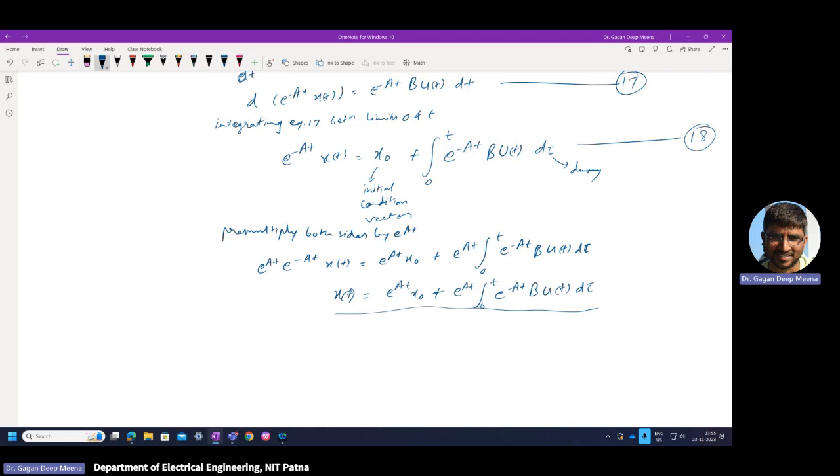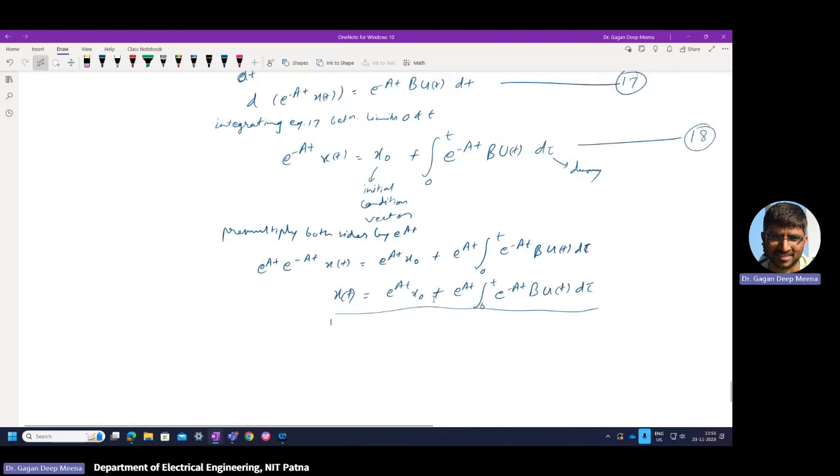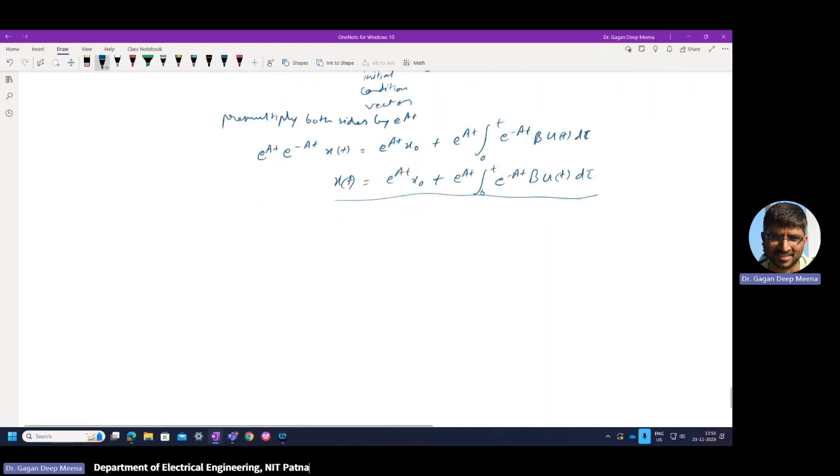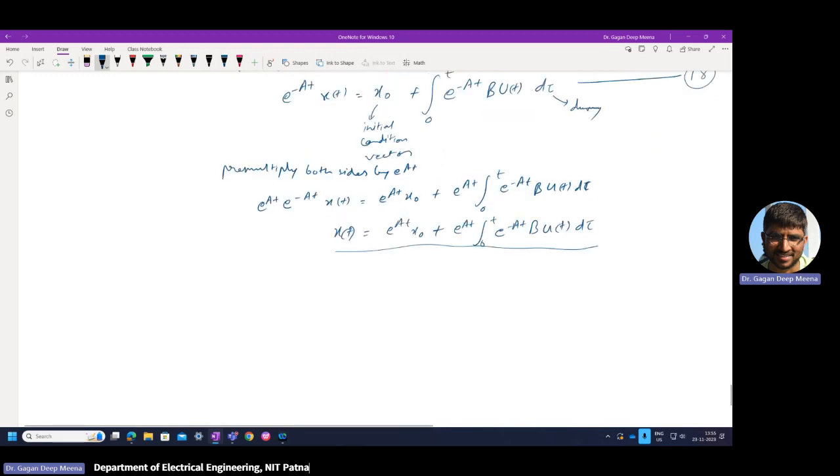Now here the term e to the power at is independent of the integral variable tau. So your e to the power at can be brought inside the integral function. Okay. So if we want to do that, this is the case. And if I want to number this equation, I can number this as equation number 19.